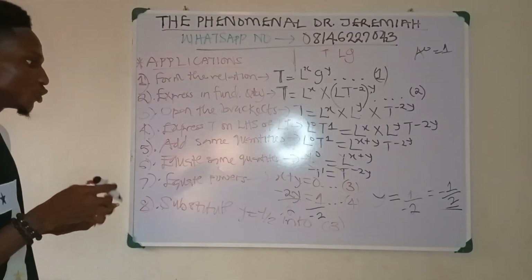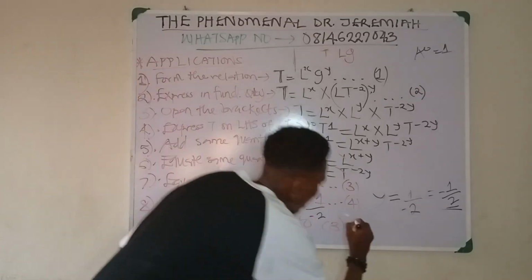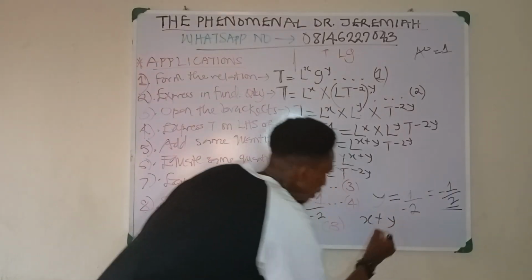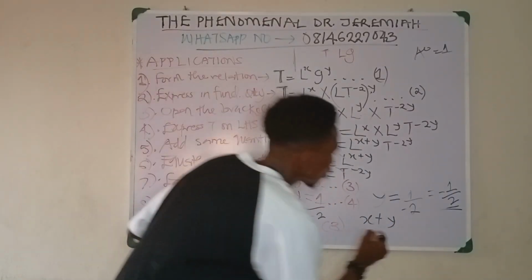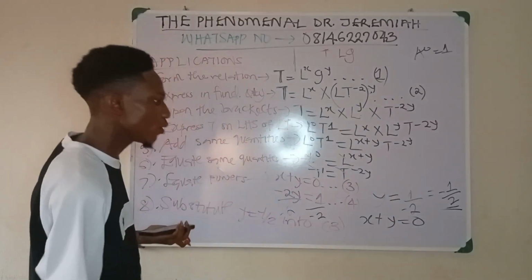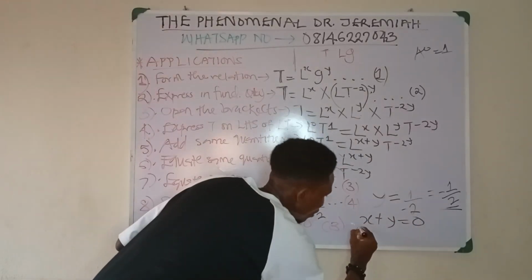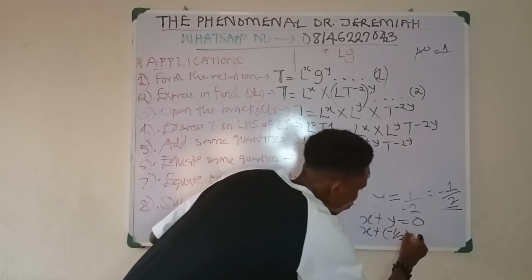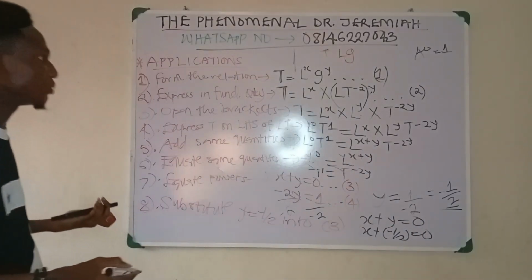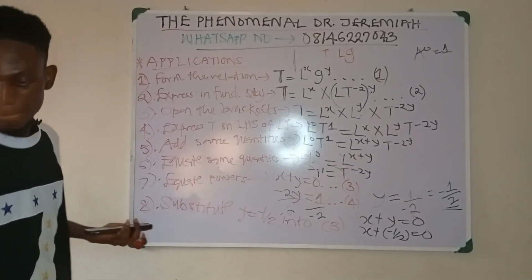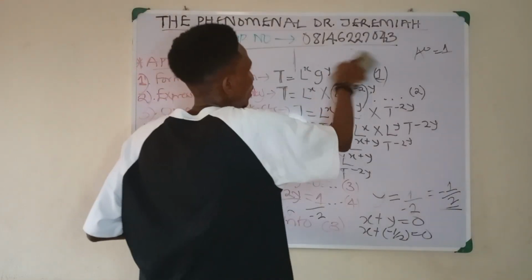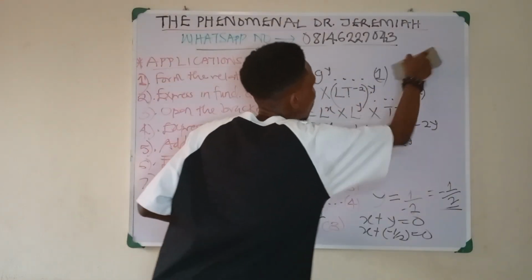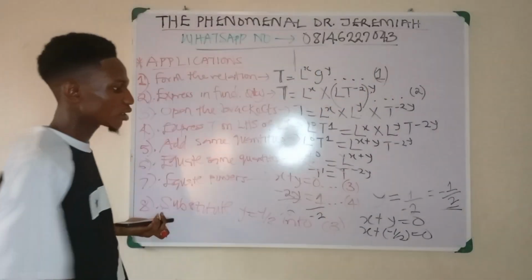Now if you substitute into equation 3, you're going to get x. So we have x plus y equals 0. Now what is y? Y is minus 1 over 2. We're going to get x plus minus 1 over 2 equals 0. Let's quickly run it here. Remember, x plus minus 1 over 2 equals 0.